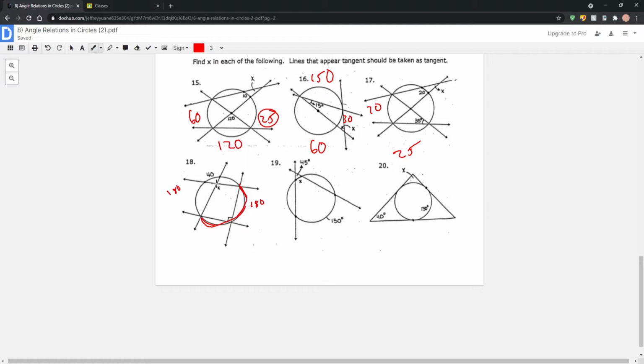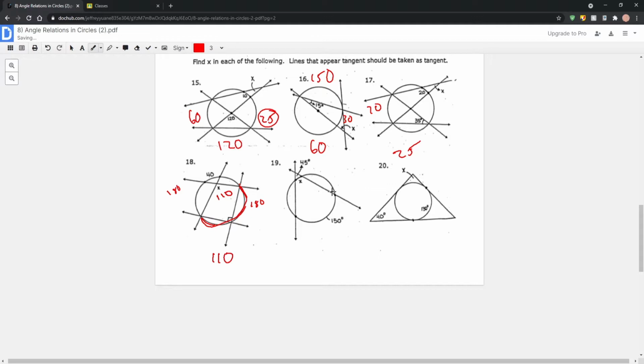Looking for x here, and that's exactly what we drew here. So this is going to be 180, and that's going to be 40. Now that we know we got 180 here, we can use the intersecting chord theorem. So 180 plus 40 is 220 divided by 2, 110, and you get 110 as the answer.